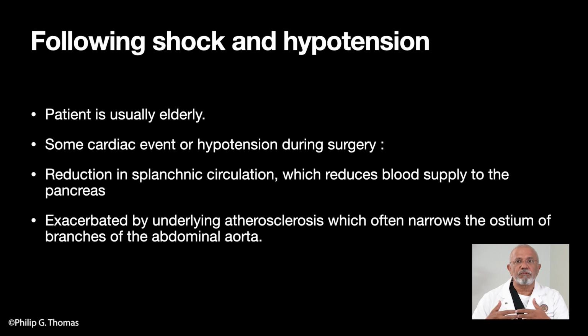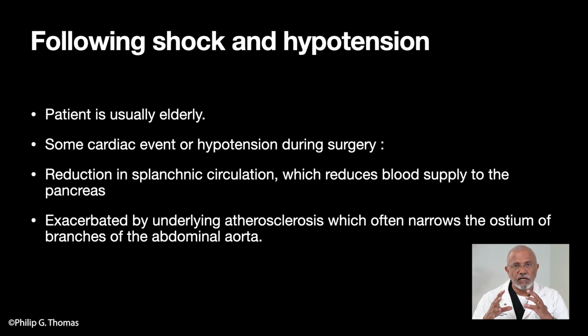As the population gets older, we tend to see more and more elderly patients in their late 70s and 80s who will present to the ICU with something else, maybe something cardiac, maybe some other fracture, and they can be found to have acute pancreatitis in the hospital. And the etiology of this is ischemia. Following shock and hypotension, we know that the splanchnic circulation is reduced in a protective mechanism by the body to selectively perfuse the more important organs, the heart and the brain.